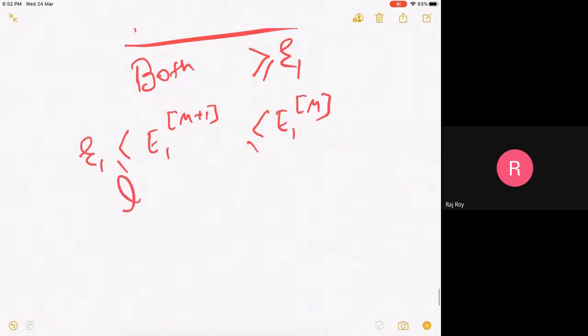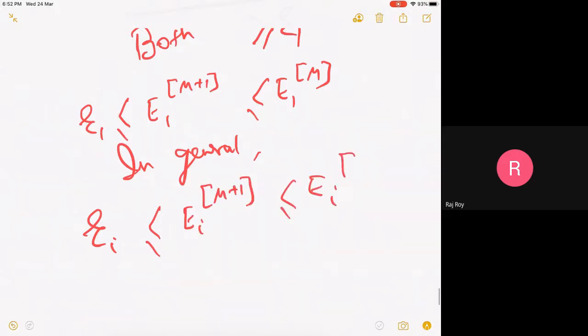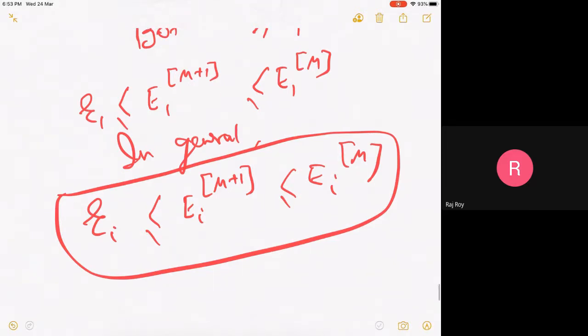And in general, I will say all epsilon I is less than or equal to EI m plus 1, less than or equal to EI m. So this is a very powerful theorem, a powerful bound.